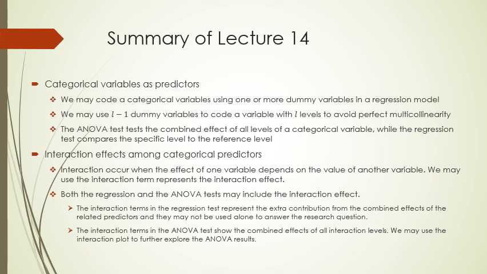The interaction terms in the regression test represent the extra contribution from the combined effects of the related predictors. They may not be used alone to answer the research question. On the other hand, the interaction terms in the ANOVA test show the combined effects of all interaction levels. We may use the interaction plot to further explore the ANOVA results.